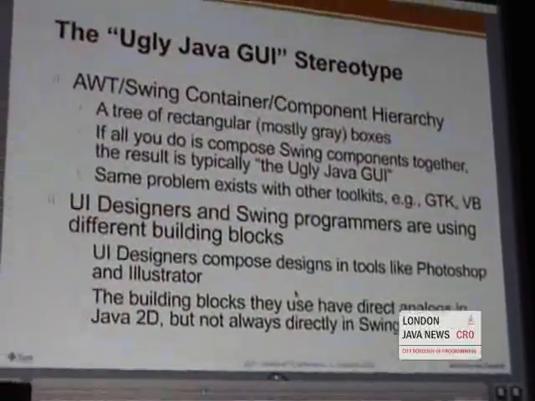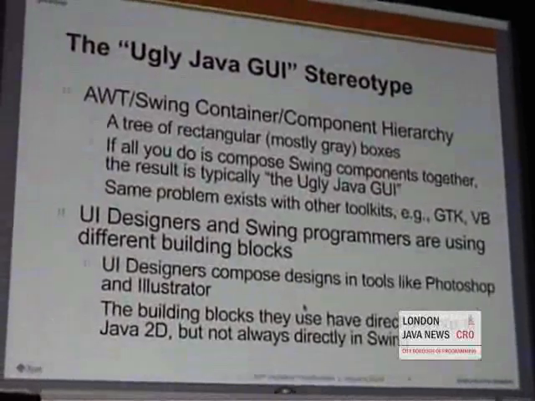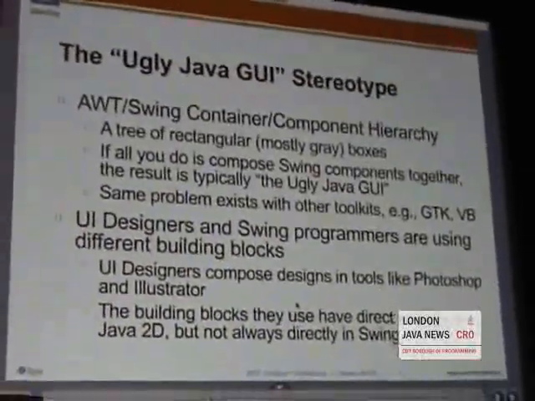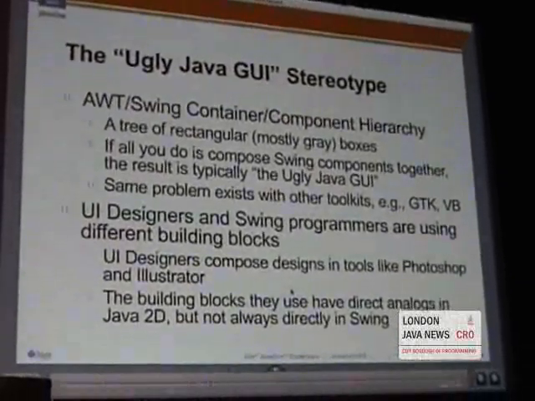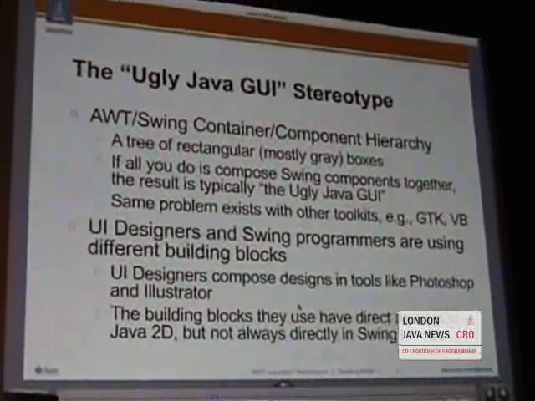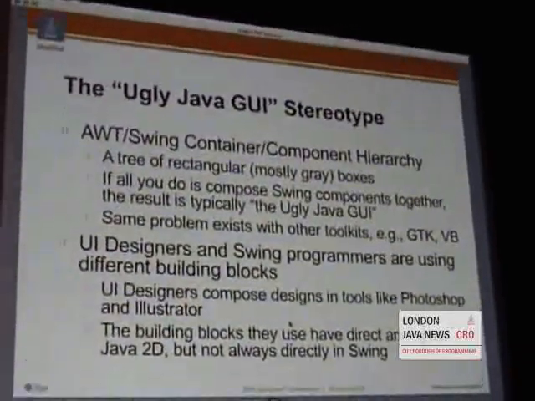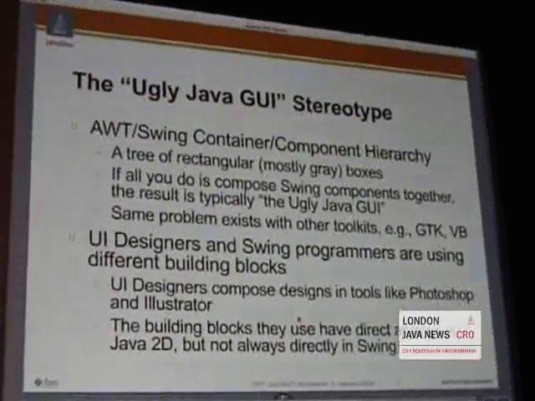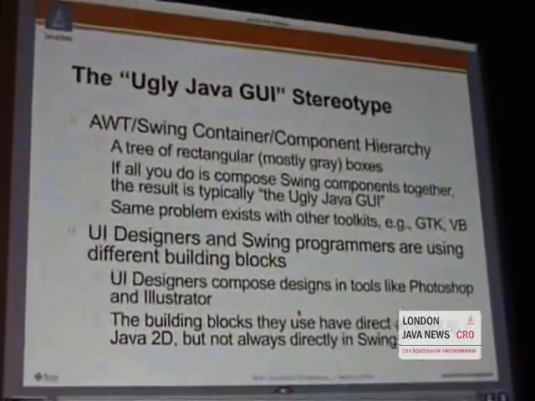So the problem here is that the UI designers themselves are not building their designs that way. They're using tools like Photoshop or Illustrator or Inkscape. And they're creating those designs using 2D graphic elements, shapes, gradients, and so on. And there are actually direct analogs of all of these things in the Java platform. However, it's in Java 2D, and not just in AWT.